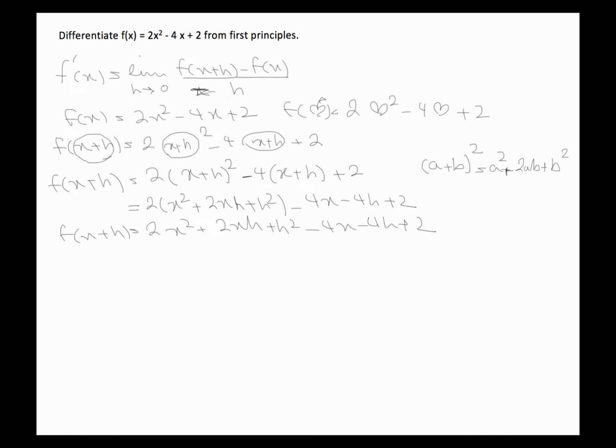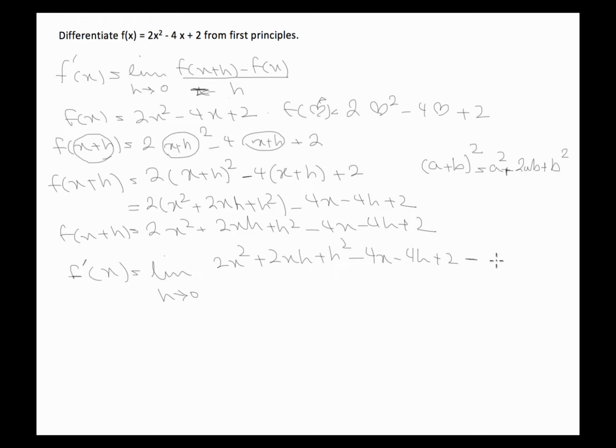Now what you want to do is subtract these two from each other. Put it in this formula and try to subtract them. So f dash of x, when the limit of h goes to 0, we will have f of x plus h, which is this: 2x squared plus 2xh plus h squared minus 4x minus 4h plus 2, minus your f(x). And what's your f(x)?